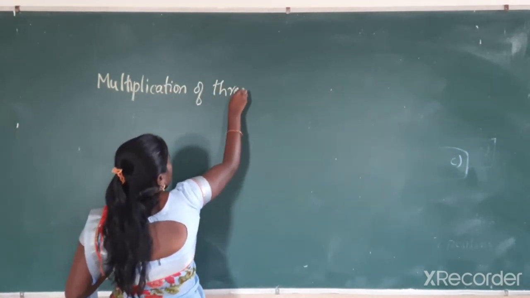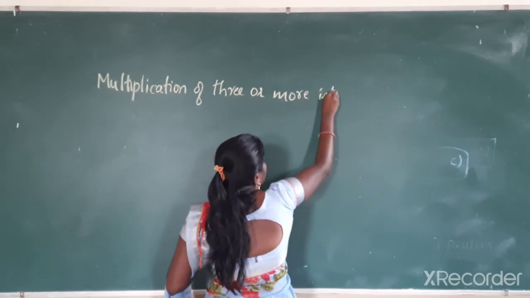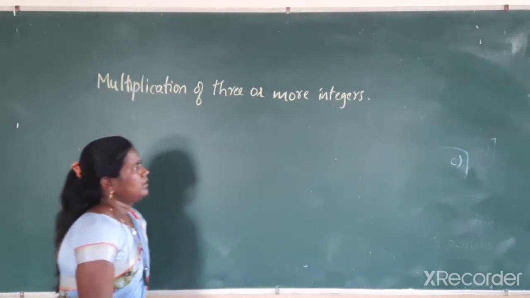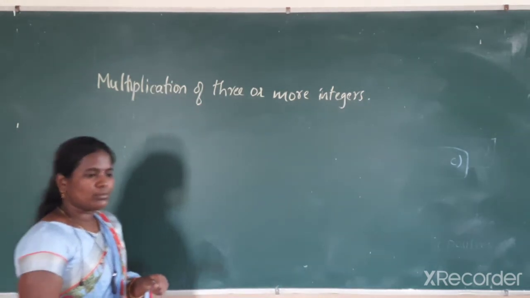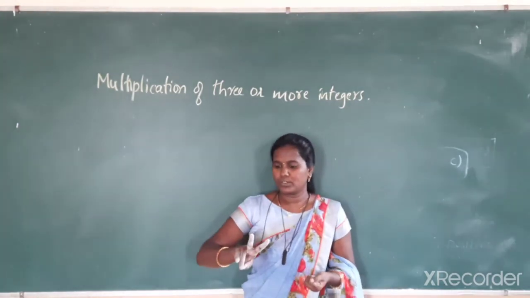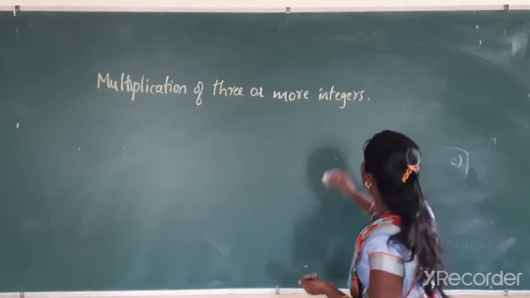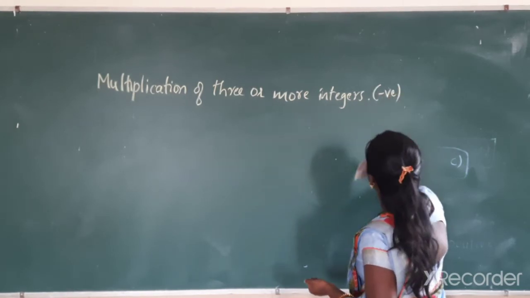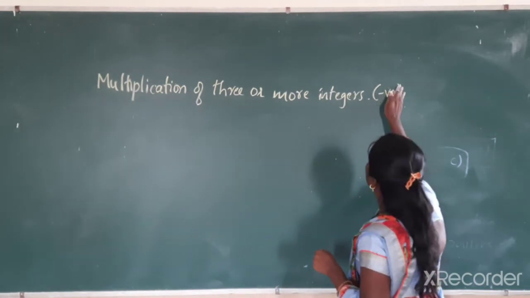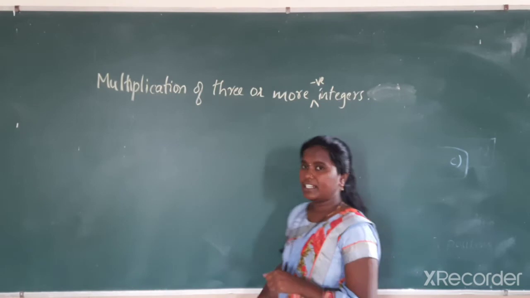We have seen the multiplication of two positive integers. Here I will consider only three or more negative integers.